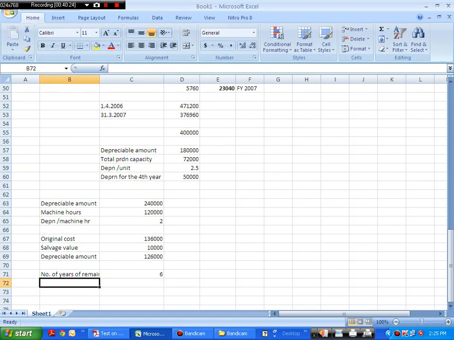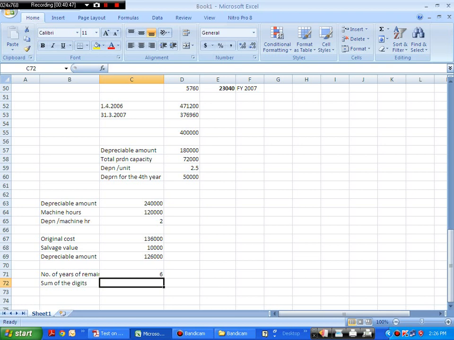And we have to find out the sum of the digits of the number of years of useful life. Here the useful life is 6 years, so we have to find the sum of 1 plus 2 plus 3 plus 4 plus 5 plus 6, so 1 to 6.